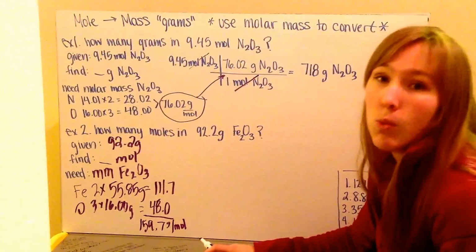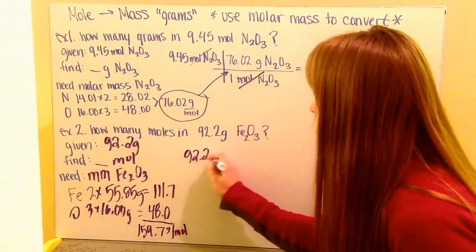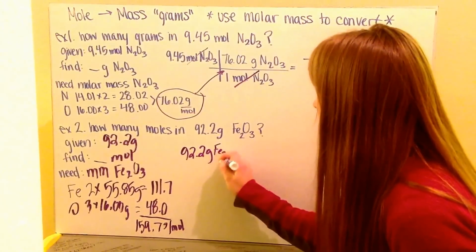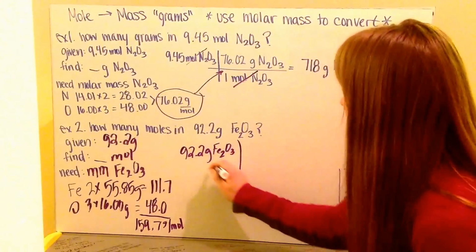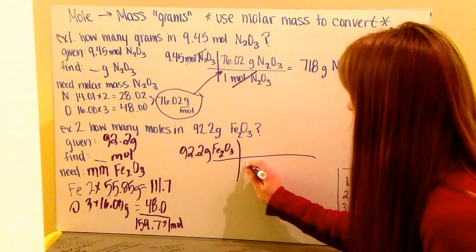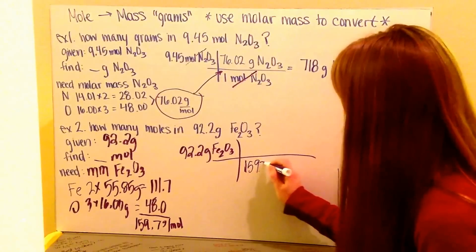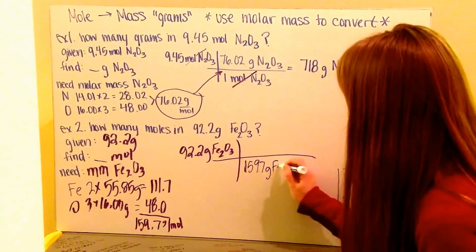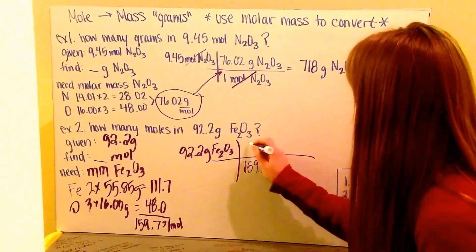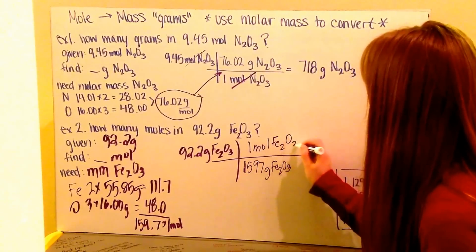So now I write, starting with what I was given, 92.2 grams of Fe2O3. I want to get rid of grams and go to moles, so I write my grams on the bottom, my molar mass being 159.7 grams Fe2O3 for every 1 mole of Fe2O3.